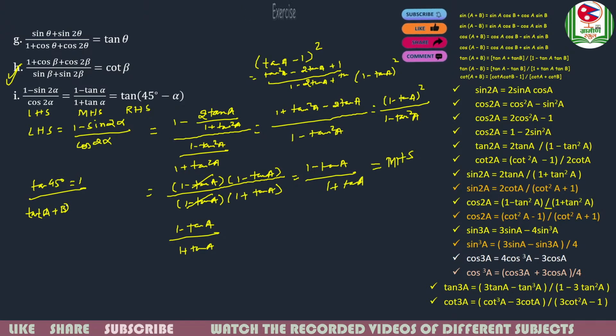Here A is considered as 45, and B is alpha.